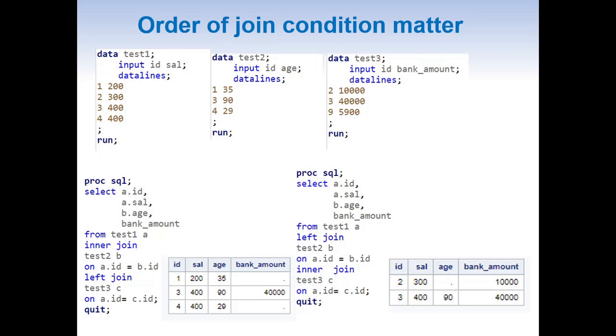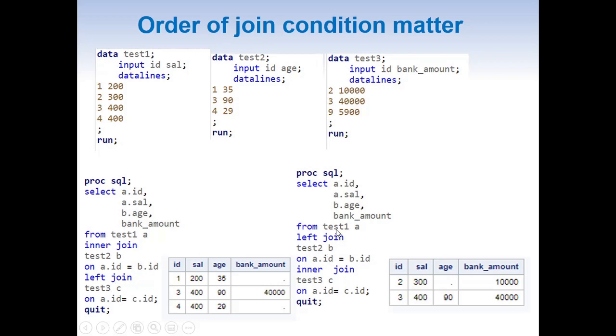Again, I'm trying to do a join on the basis of ID. Here the data is a little bit more so that we can understand the results better. So what are we going to do here? Here I'm trying to do an inner join followed by a left join: test1 inner join test2 on a.id equal to b.id, left join test3.